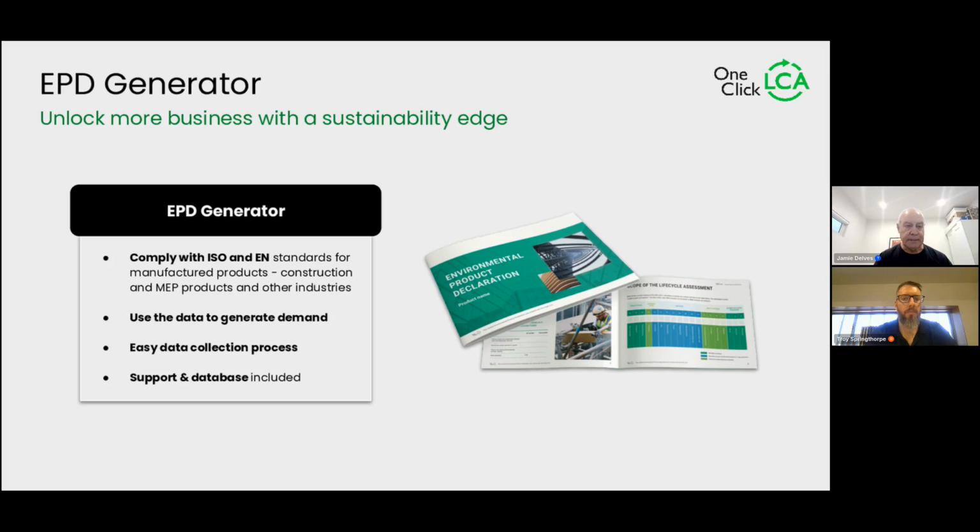Right, an EPD generator. It's really just a template or a life cycle assessment of the individual parts that make up individual components, or materials that are then used in construction. It's a pretty easy step and a pretty easy process to go through.